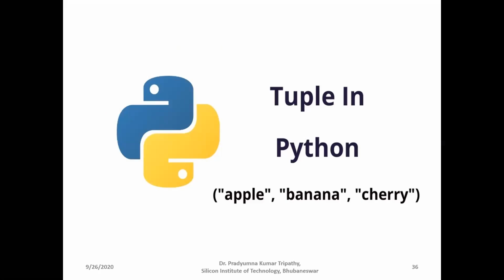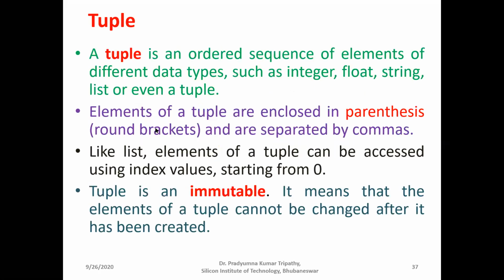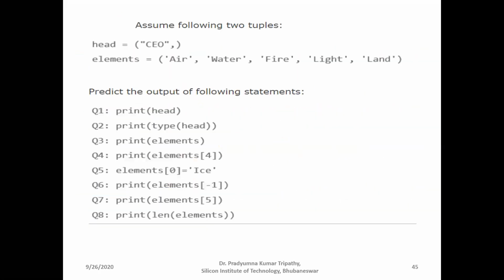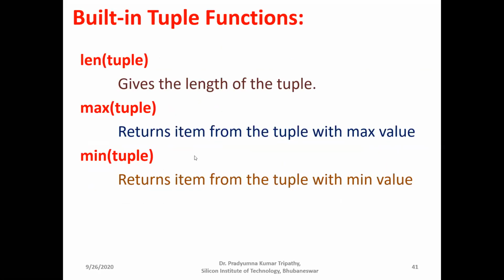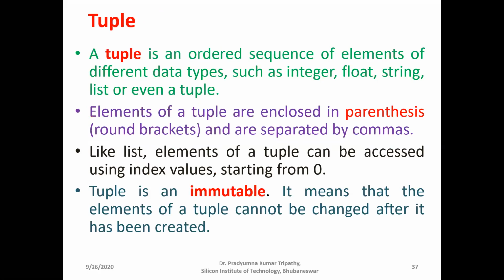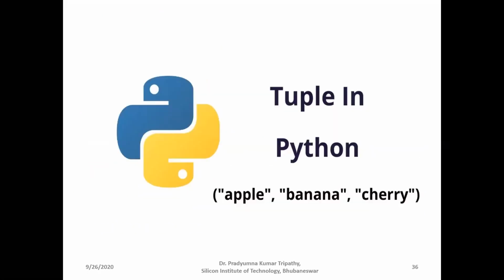So anyway, this is about the list. We also have another data structure, the tuple. So today we'll go for another data structure in Python called the tuple. Like lists, tuples are also used in Python. Can you see a sequence over here? The sequence is similar to this list or not?